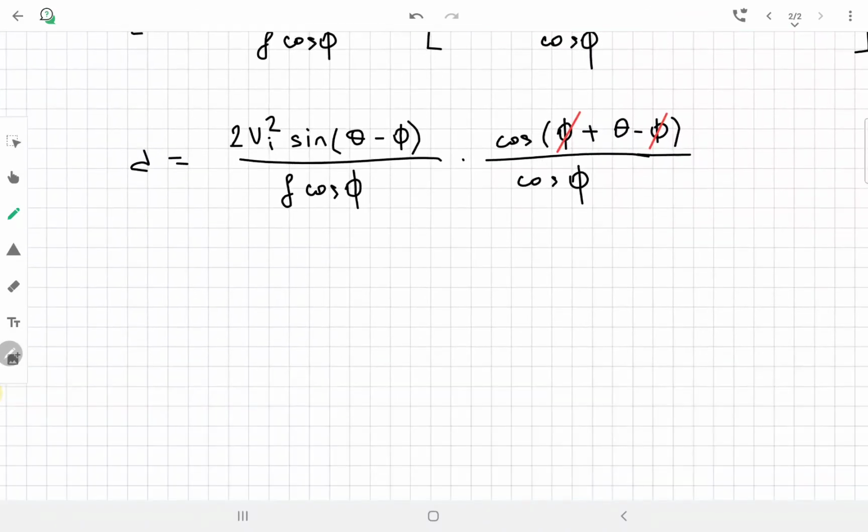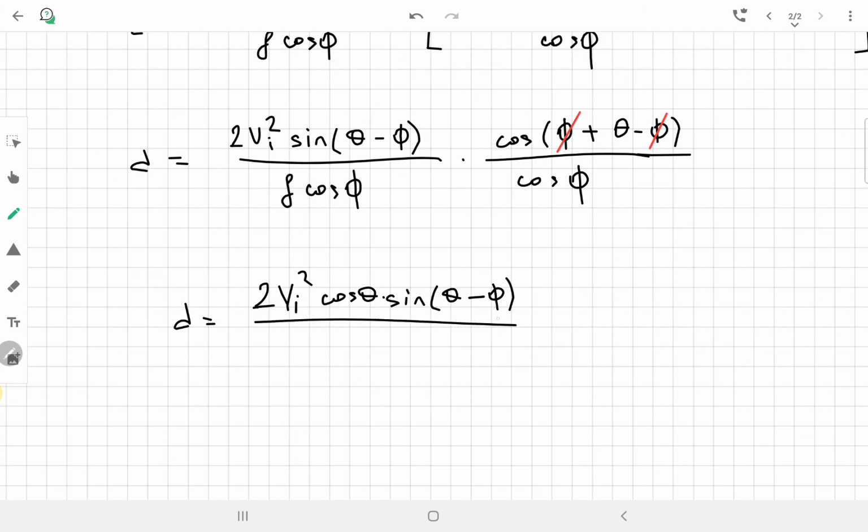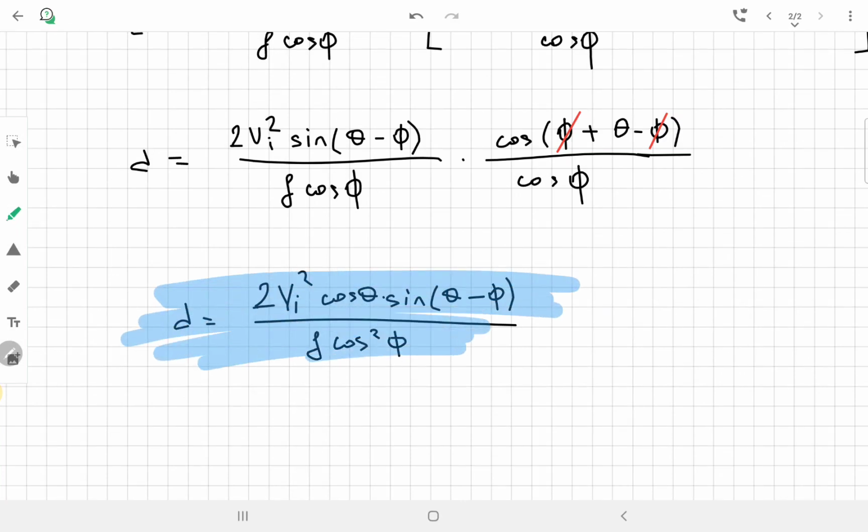So our final answer will be: 2 times vi squared times cosine theta times sine theta minus phi divided by g cosine squared phi. This is the final answer.